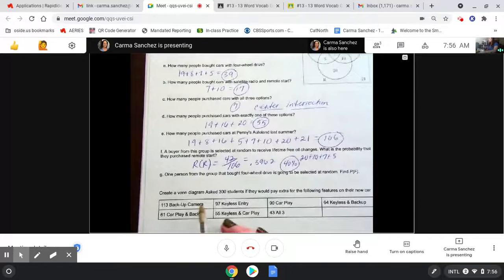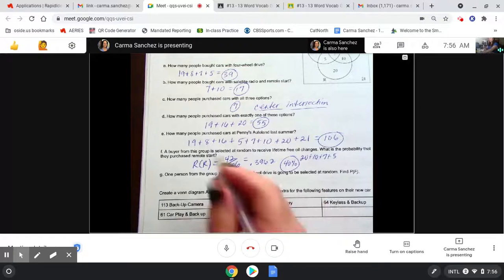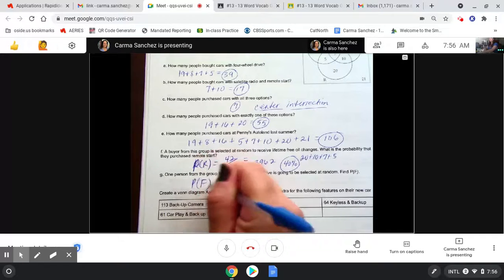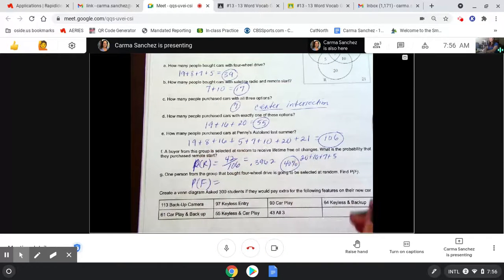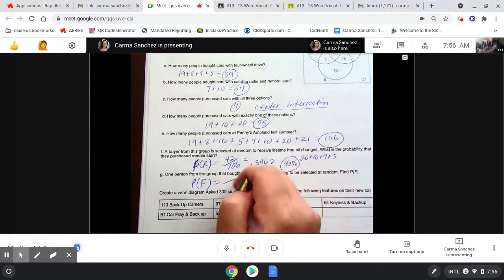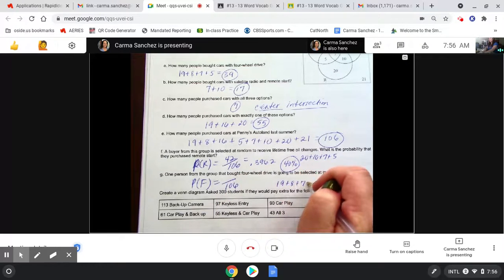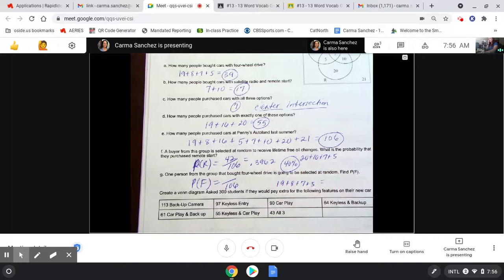One person from the group that bought four-wheel drive is going to be selected at random. Find P of F. Oops, sorry, everybody. This is a P right here. P of F. So one person that bought four-wheel drive is going to be selected at random. So we're talking about 19 plus 8 plus 7 plus 5. Again, this is 15.